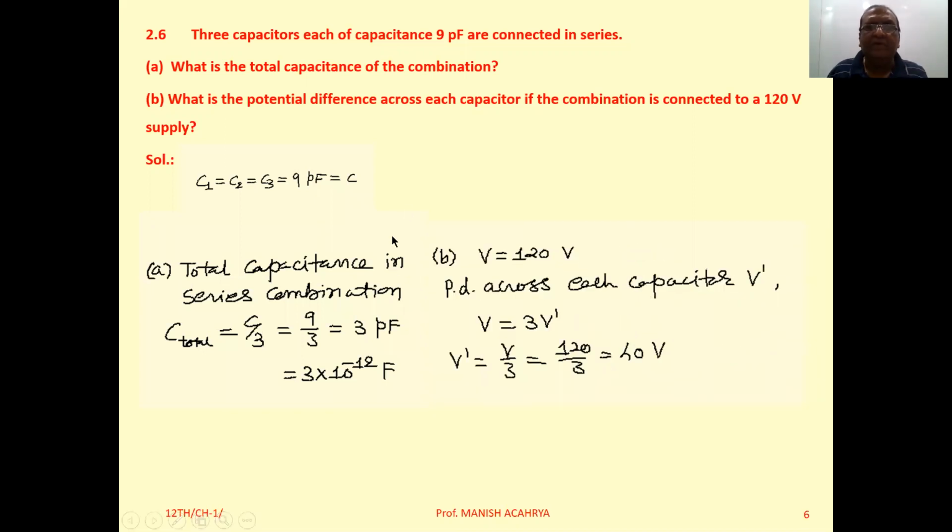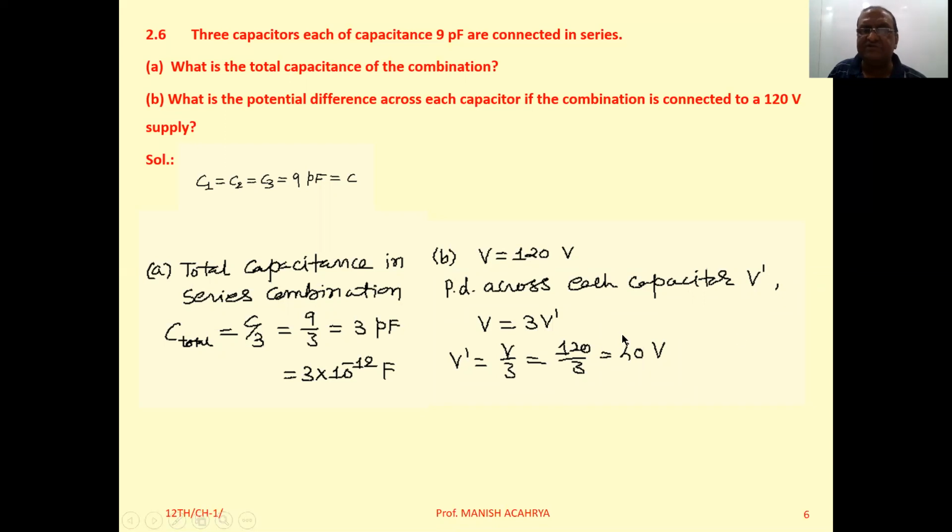Now here the combination is connected with 120 volt supply. So V is equal to 120 volt. Now V is V1 plus V2 plus V3. But each capacitor has the same value, so the potential difference across each one will be the same.